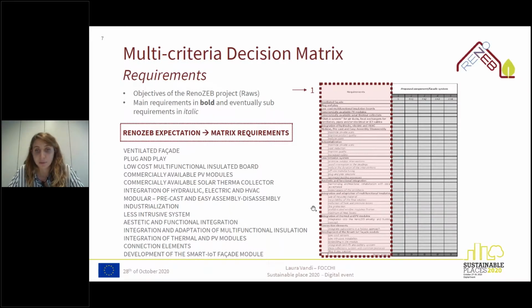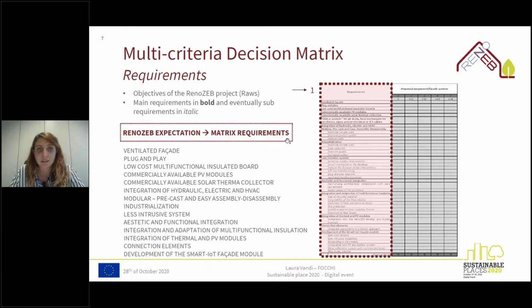As you can see from this slide, this is the developed matrix, which is divided into 4 main parts. In the first one, in each line, are listed the matrix requirements, which are linked to the renoZEB expectation.